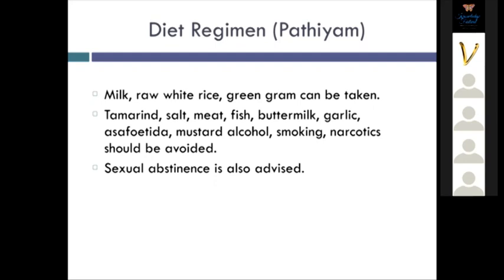If it is taken as a curative medicine, it can help to improve the body condition faster, and thereby give a faster cure. Then sexual abstinence is also advised.